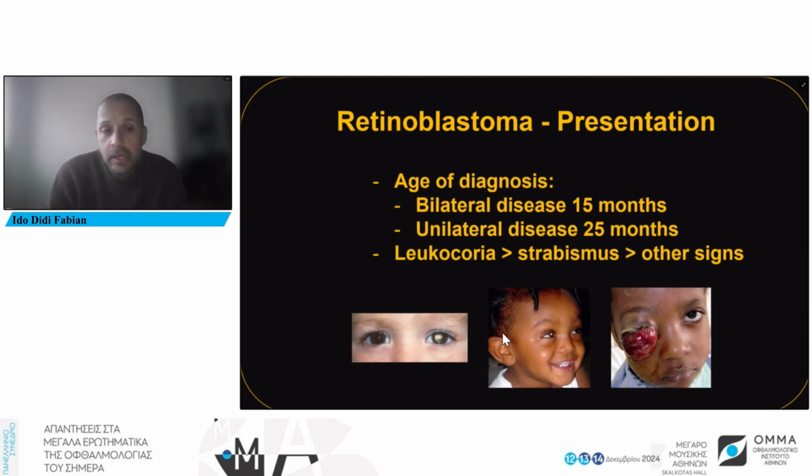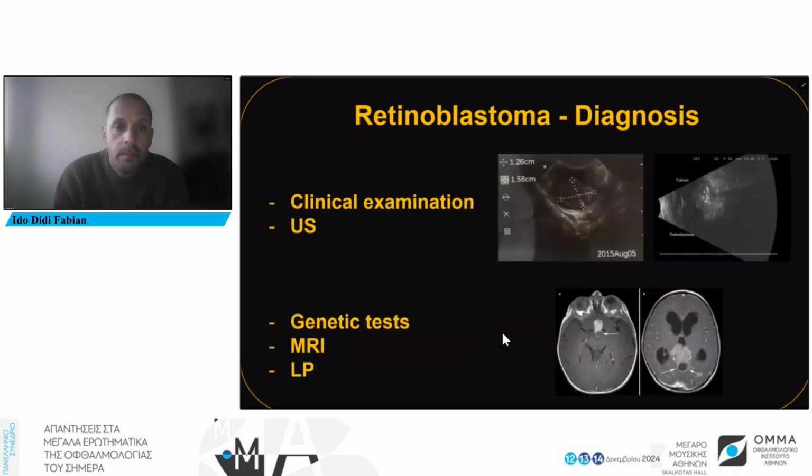But in terms of presentation, what we see on our first examination under anesthesia is whether the disease is unilateral or bilateral. We don't have the genetic information yet. In terms of the presenting sign, I've mentioned this, leukocoria and then strabismus, and in low and middle income countries, mainly we see advanced disease, as you can see here.